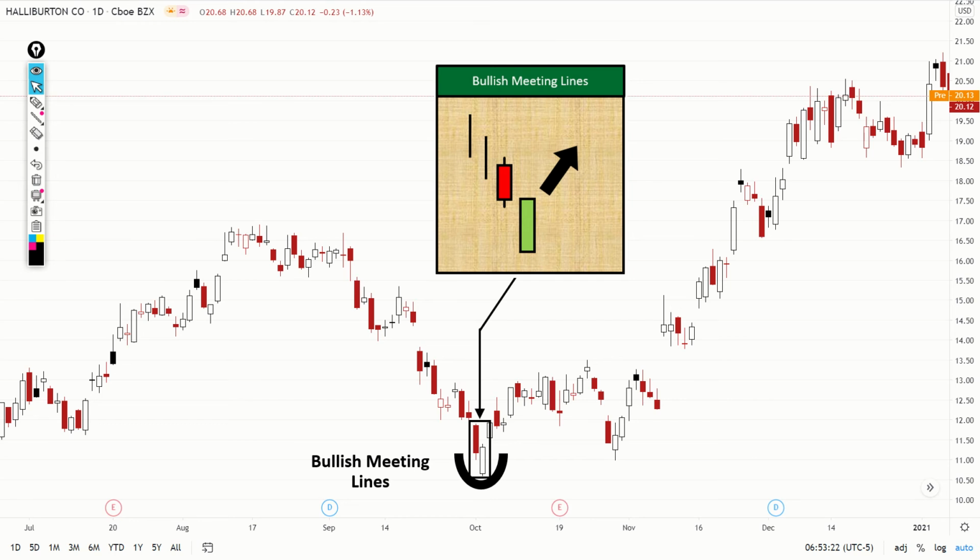Now, again here, I like bullish meeting lines very much. If you draw a horizontal support line, this is when it gaps down the other day and everybody's panicking. Oh my God, I need to sell right here.